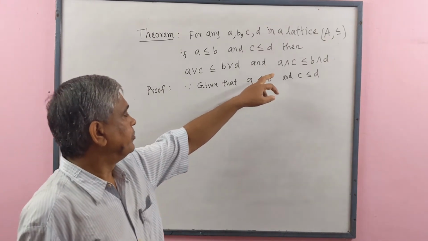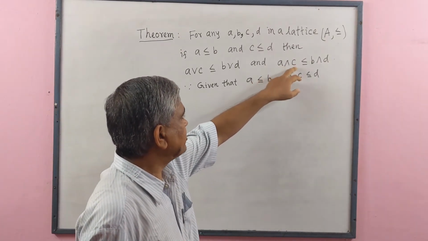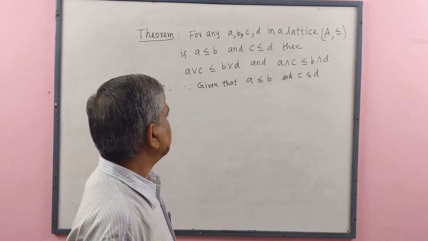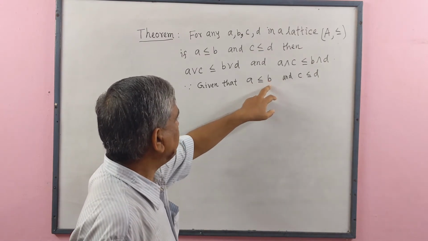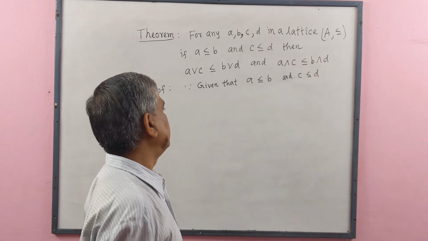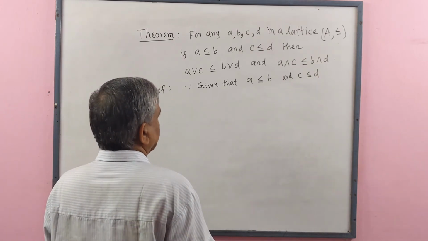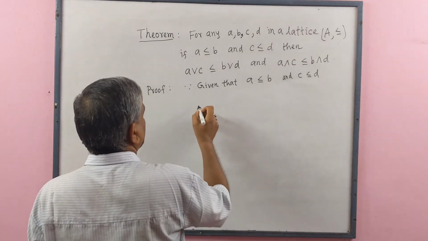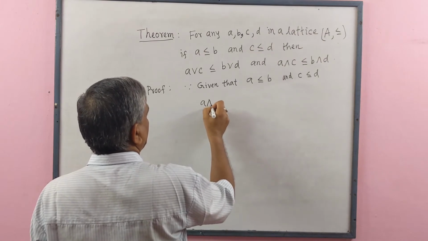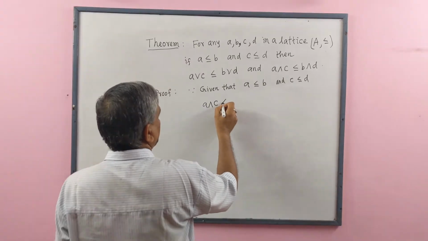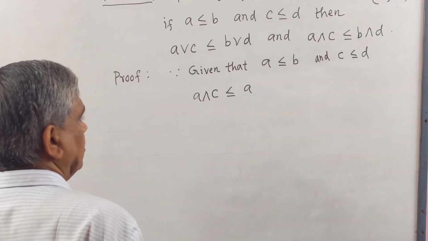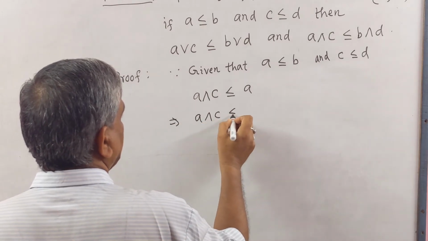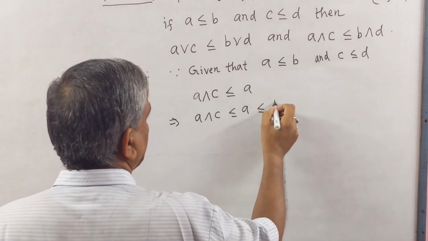Now we shall prove the second part, A meets C less than equal to B meets D. Since given that A is less than equal to B and C is less than equal to D, since we know that A meet C less than equal to A, implies that A meets C less than equal to A less than equal to B. This is given.